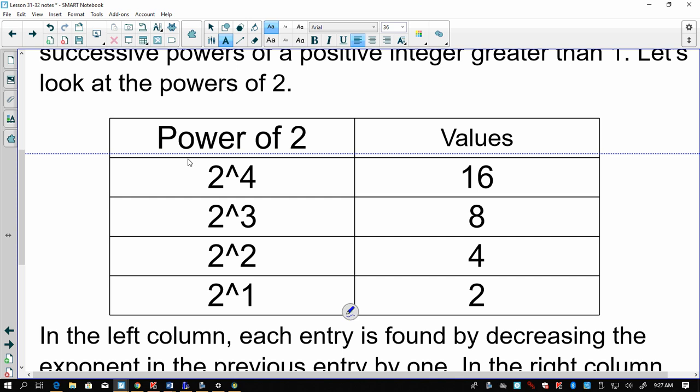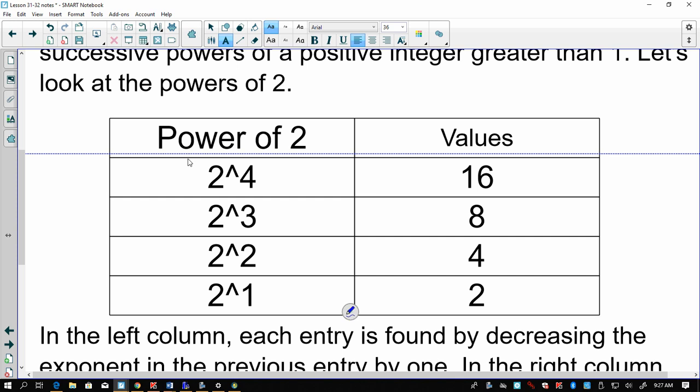Okay, what we're going to look at is what happens as we get smaller and smaller. We want to see the relationship of 2 to the 4th in comparison to, say, something like 2 to the negative 4th, 2 to the 3rd in comparison to 2 to the negative 3rd, 2 squared in comparison to 2 to the negative 2nd, so on and so forth.